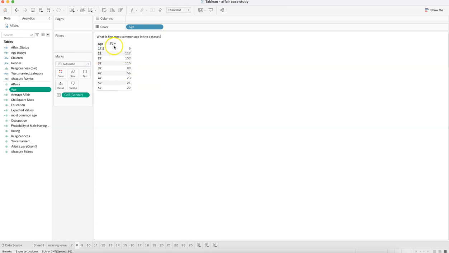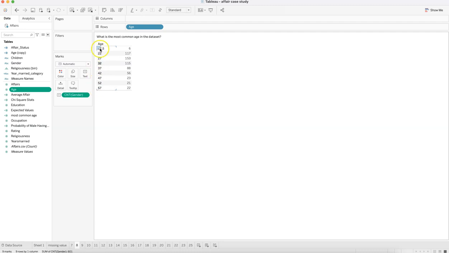So this basically indicates that value 27 is having 153 count of value over here. So 27 is basically the coded value. If you will observe, 27 as a coded value is the most common age in the data set, right?